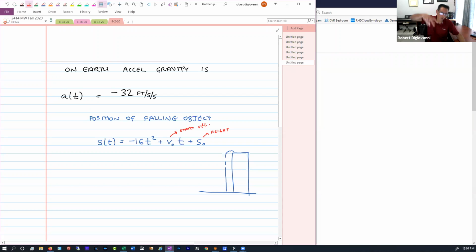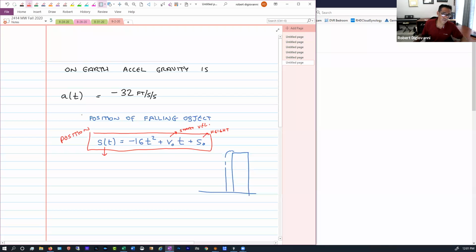But you could actually throw a rock down or throw a rock up, and that would be the starting velocity. And then that's all you have to know: the height that you drop it from and the starting velocity. From that, this thing will spit out exactly how high it is off the ground after a certain amount of time. And if you take this quadratic and set it equal to 0, then you can find how long it would take to hit the ground. That's what you would be solving for. So this formula right here is a position function.